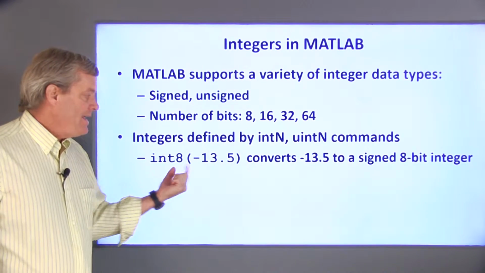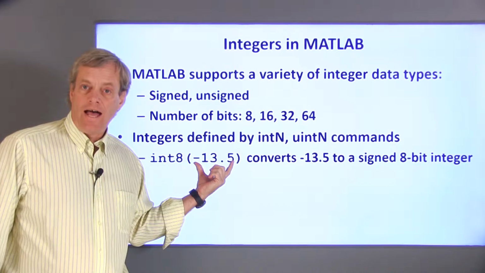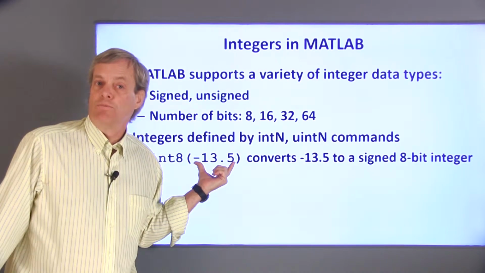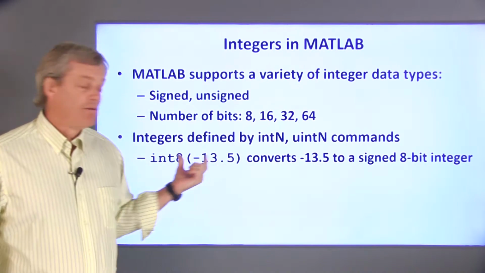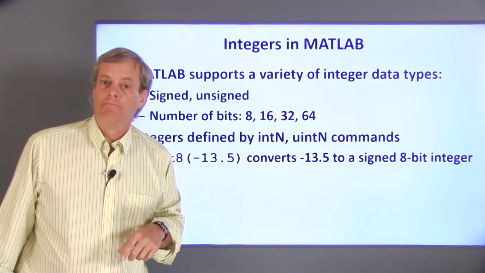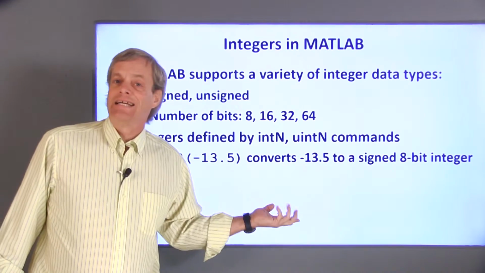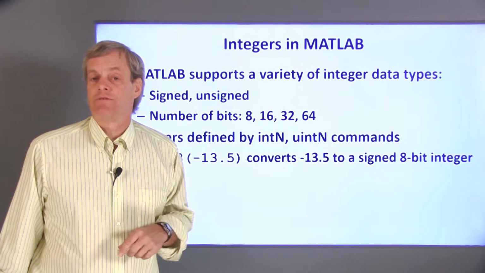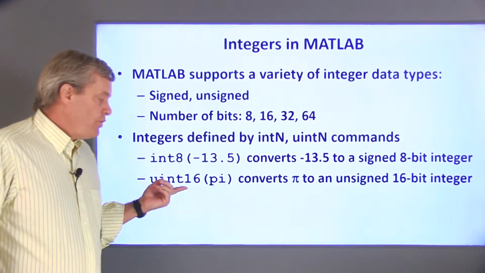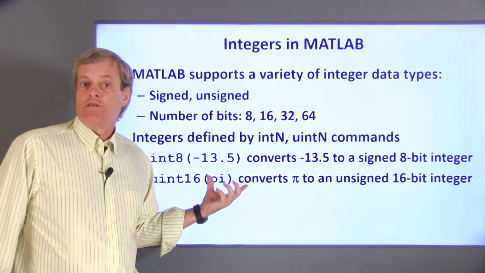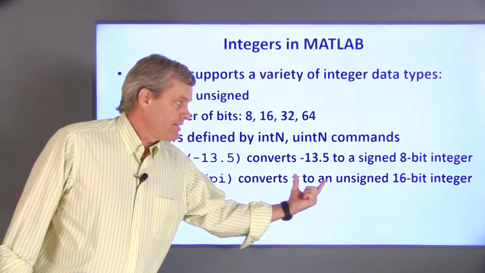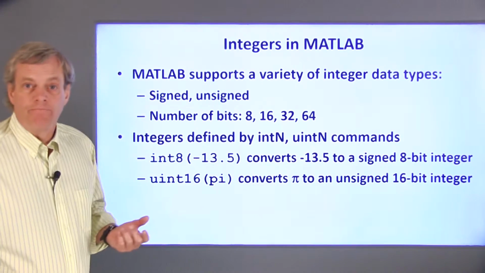So int8 of negative 13.5 converts the number negative 13.5 to a signed integer. The result will be negative 13. If I converted negative 13.5 to an unsigned integer, the result would be positive 13. uint16 of pi converts pi to 3. It's an unsigned 16-bit integer.